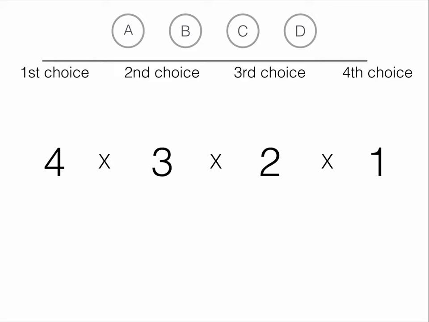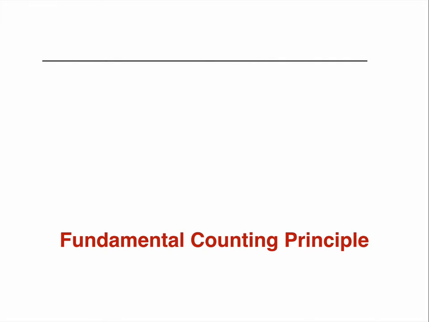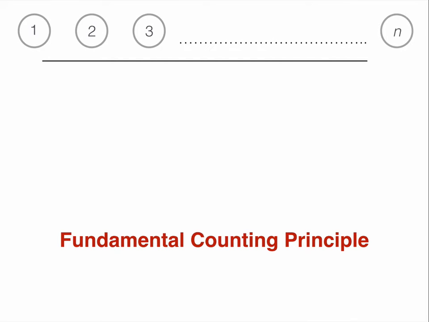You've seen this in the form of what's called the fundamental counting principle, or sometimes the fundamental counting rule. What happens if you've got any number? Let's say you were going to take n objects, from 1, 2, 3 all the way through to n, where n might be 5, 6, 10, 100, 1 million, 20 million, and more.